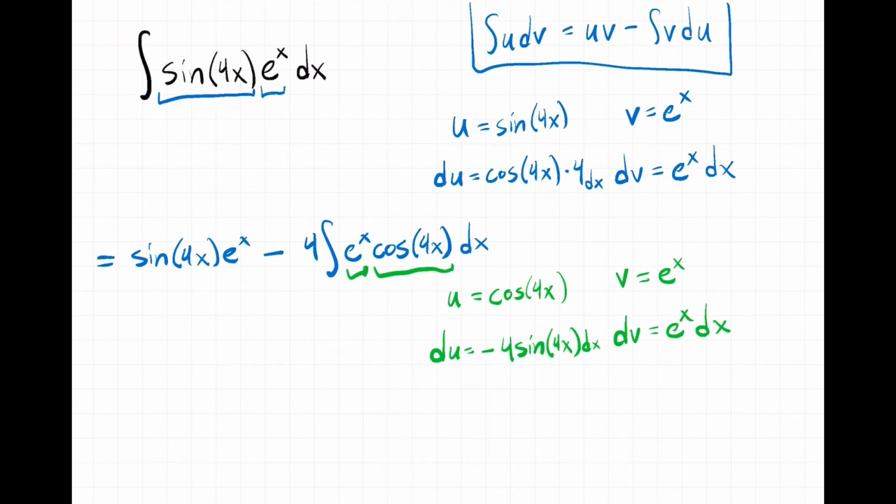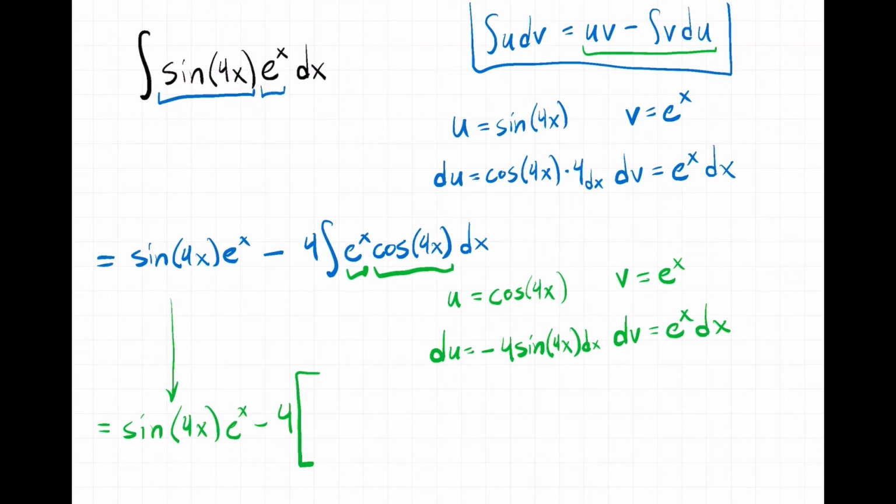So we can put this all together. Our whole expression is equal to, again, copy down the stuff you already have here, sine of 4x times e to the x minus 4 times whatever this integral is equal to. We are replacing that one integral with this uv minus the integral of v du. So it's negative 4 times that whole thing.